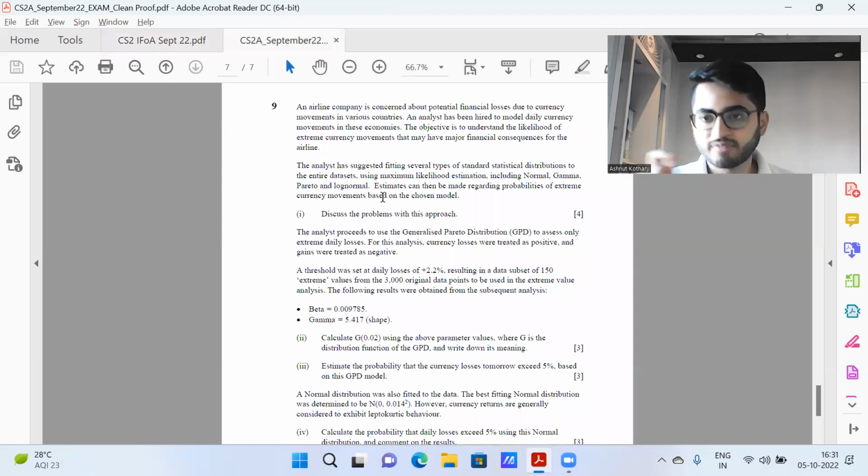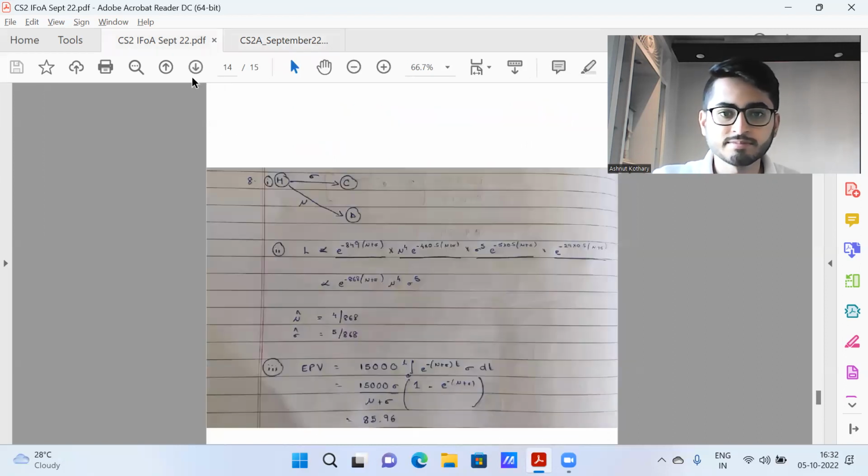So here x is greater than 5%. So x minus u will be nothing but greater than 5% minus u. U in this case is nothing but 2.2%. So what we are looking for here is basically that the random variable which we're using as GPD, that should be nothing but more than 2.8%. So this was a mistake which I saw in most of the scripts, barring probably one script. Most other scripts had this mistake.